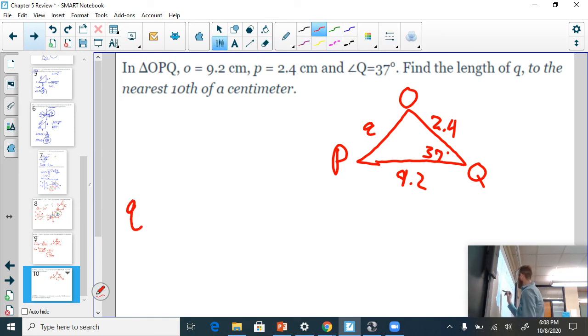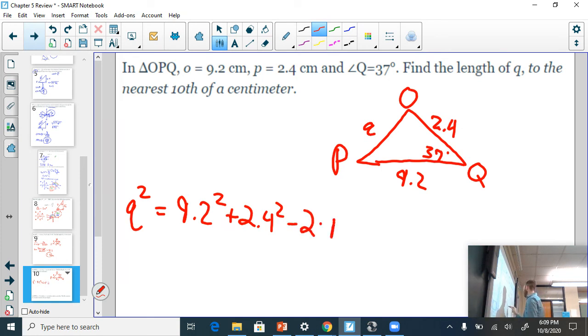And we're going to have to say q squared equals the other two sides, 9.2 squared plus 2.4 squared, minus 2 times the other sides, 9.2 times 2.4, times the cosine of the angle across from it, which is nicely given to us as 37 degrees. And this is just plug and chug, right?